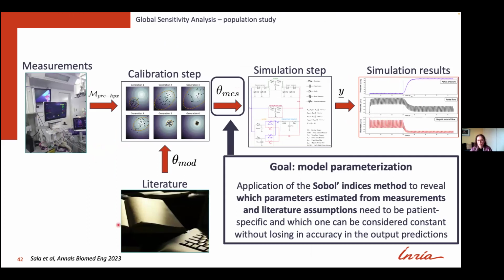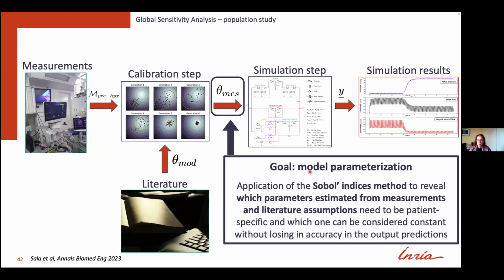On one hand, we have literature data to fix some parameters, and then we do a calibration step to adjust the parameters as much as we can to the measurements, so that the output of the model is close to the measurements. This gives us the rest of the parameters. Then we can do the simulation step and look at some output of the model Y.